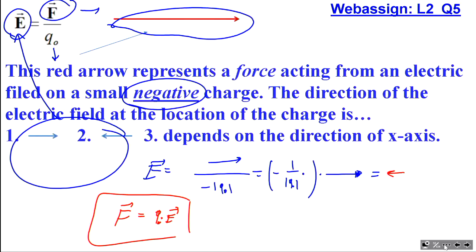If the charge is positive, these two vectors always point in the same direction. But if this charge is negative, these two vectors always point opposite to each other. That's it.